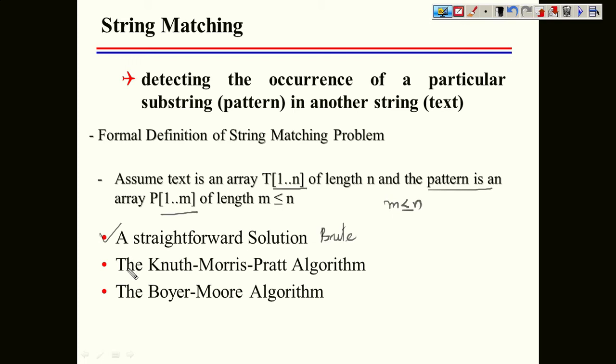Then we have some better algorithms known as Knuth Morris Pratt, Boyer Moore, and many more algorithms for doing string matching. These are the fundamental algorithms, and in this lecture we are going to talk about them.